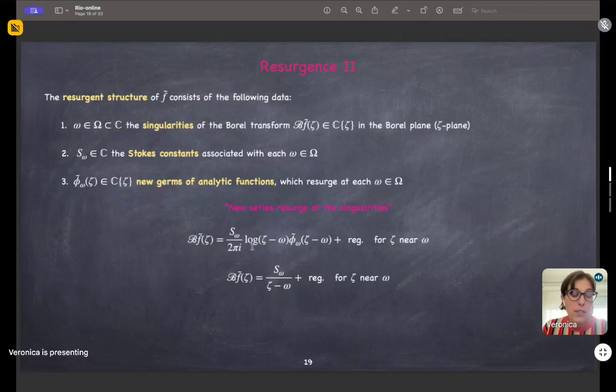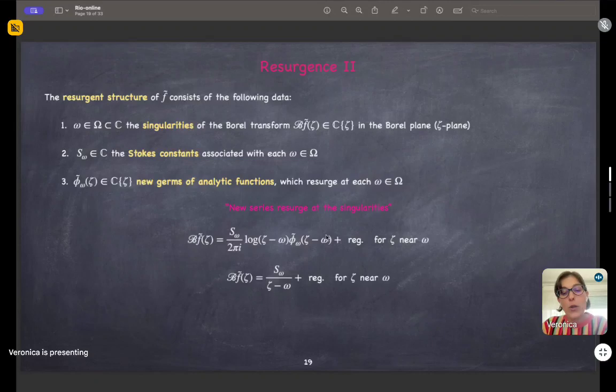Essentially, if you do the analytic continuation, this logarithm is what will compensate the 2 pi i. And so the analytic continuation of this function around the singularity knows about the Stokes constant as well as this new formal power series attached to it. And you can also use this formal power series to now explore again the complex plane and see whether this function has itself other singularities somewhere else.